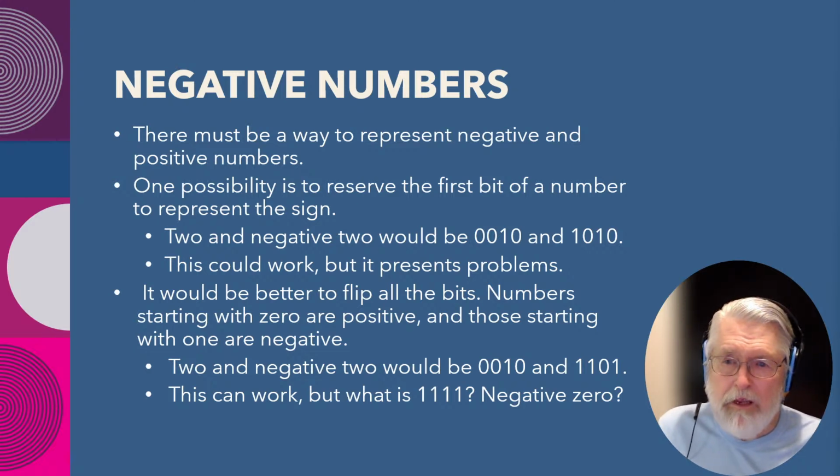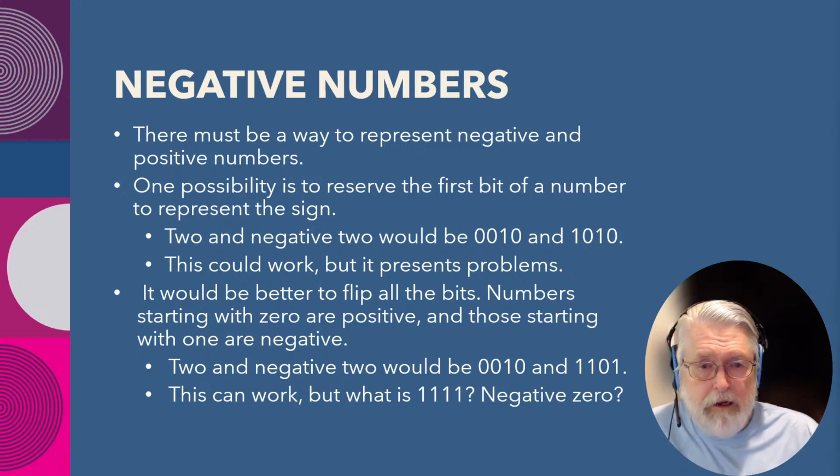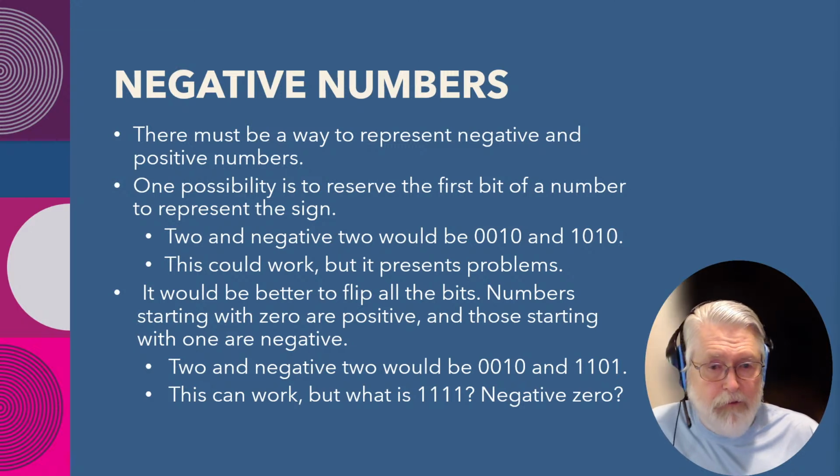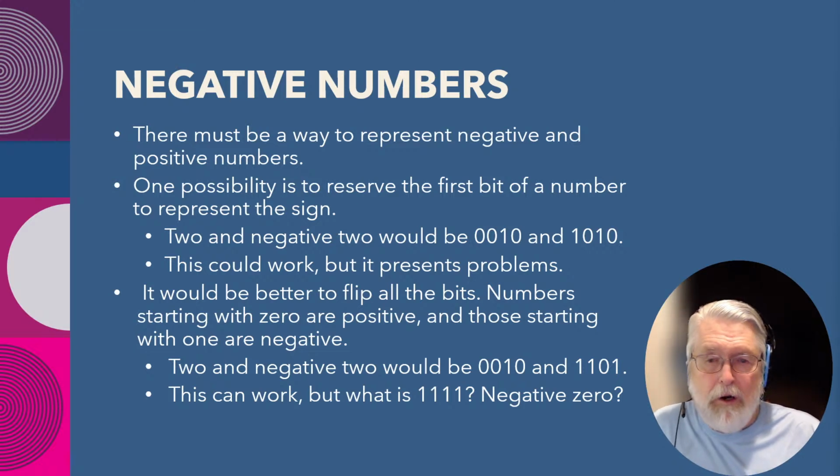One possibility would be to reserve the first bit of a number to represent the sign. And so it would be like the first bit of the number would be a 1 to indicate negative and a 0 to indicate positive. 2 and negative 2 in this for a 4-bit number would look like what we have here with 0, 0, 1, 0.